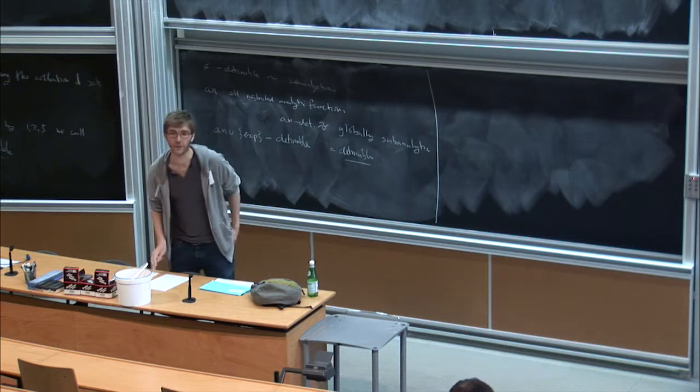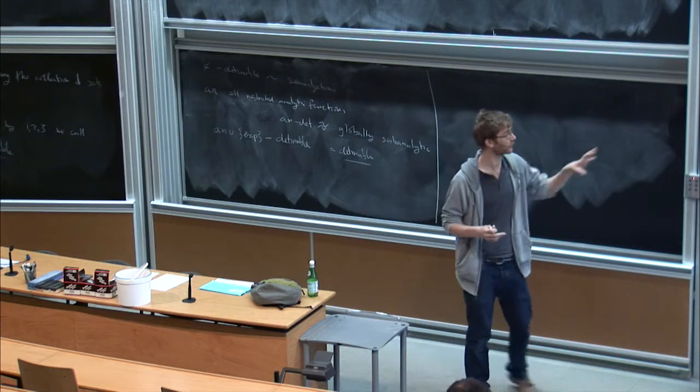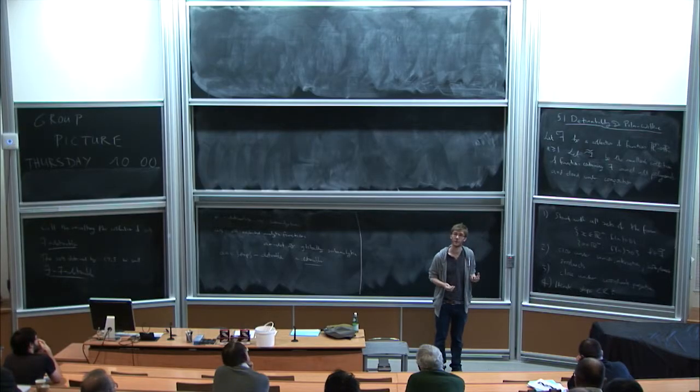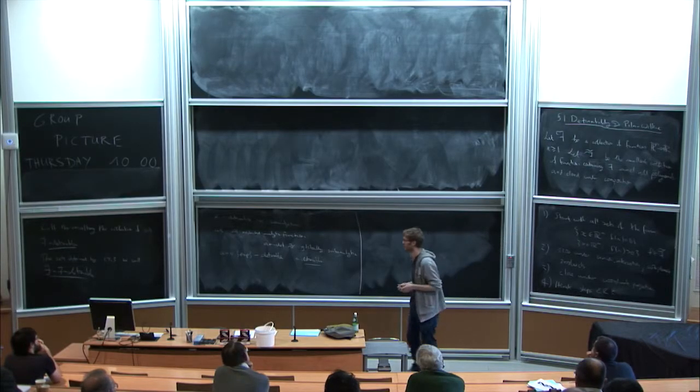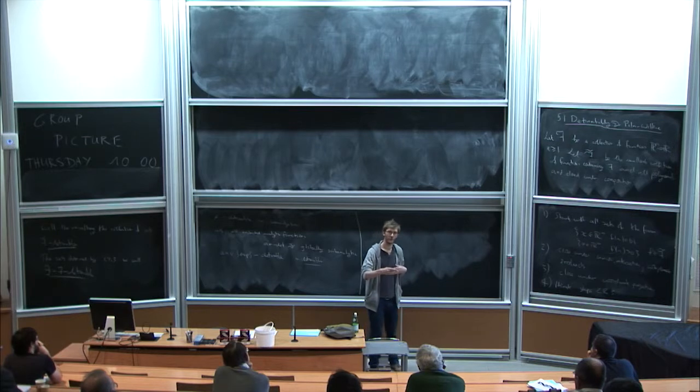Okay, so the Pila-Wilkie theorem is about rational points. That just means you have a set like this, and you look at the points with rational coordinates. And you want to try and count them, and there might be infinitely many. So we introduce a height, and we count up to height.